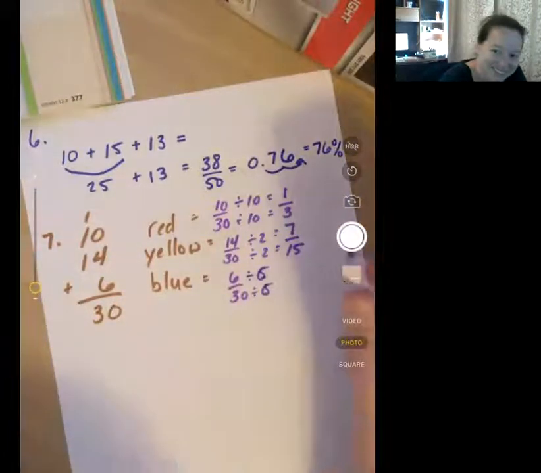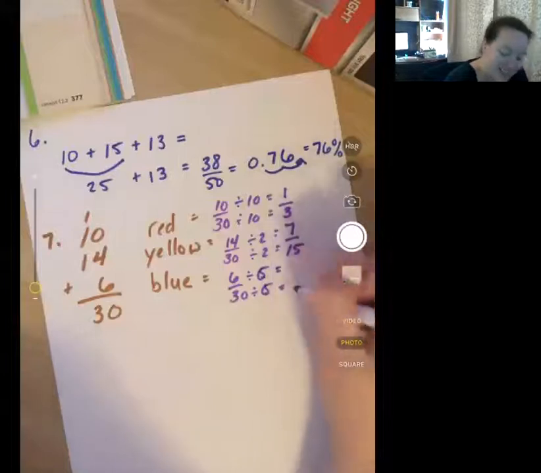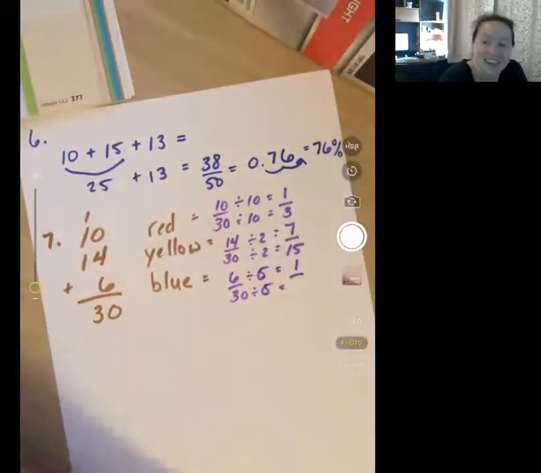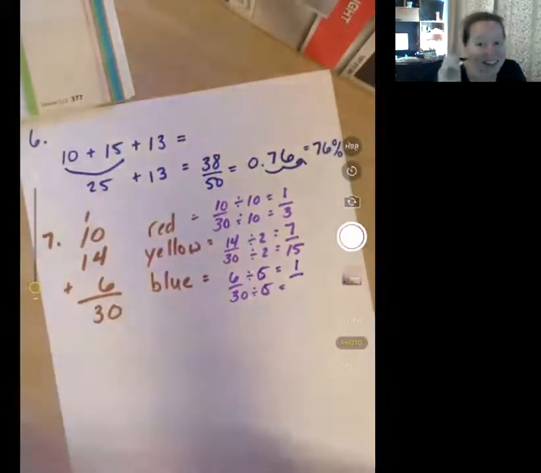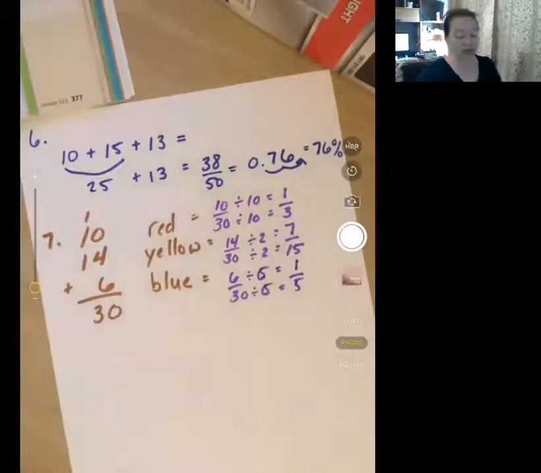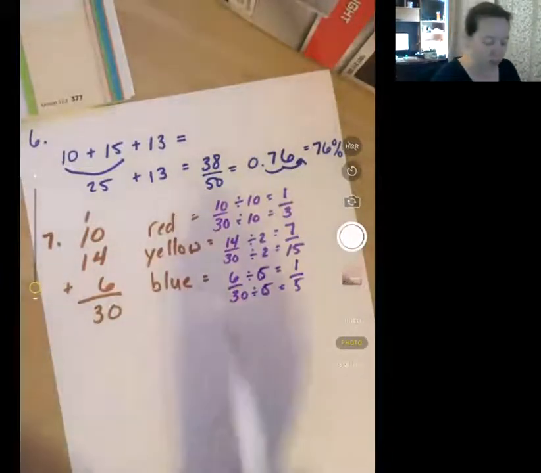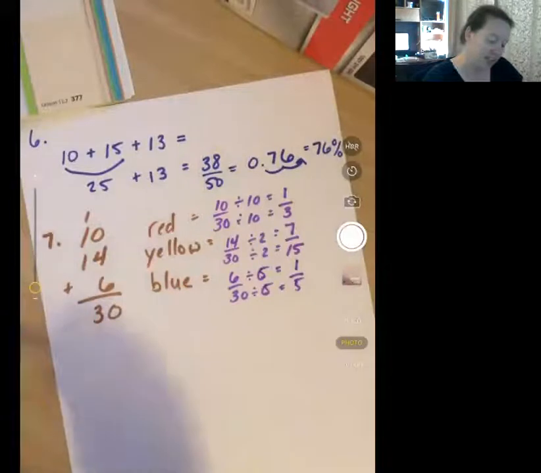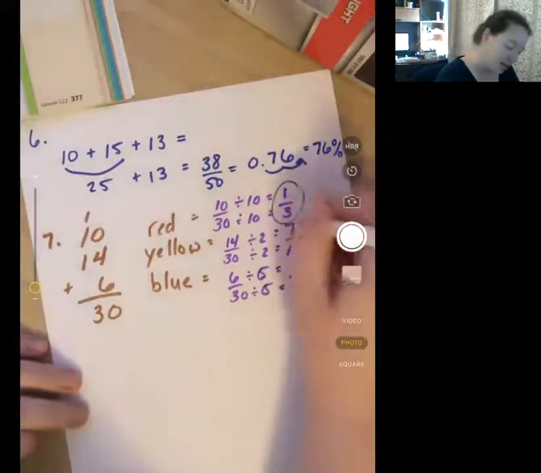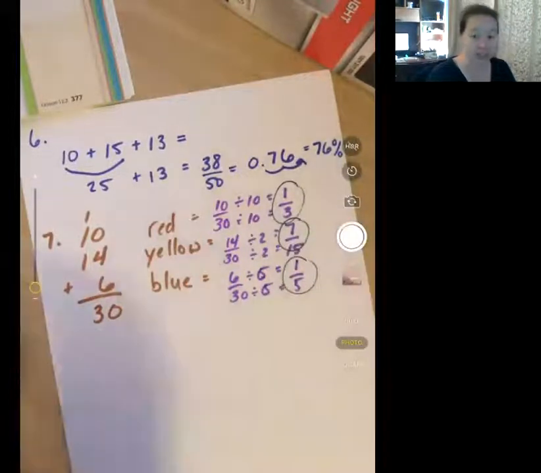Okay, so 6 divided by 6 is 1. And 30 divided by 6 is 5. There we go. So your actual answer ends up being red 1/3, yellow 7/15, blue 1/5. Those end up being your answers.